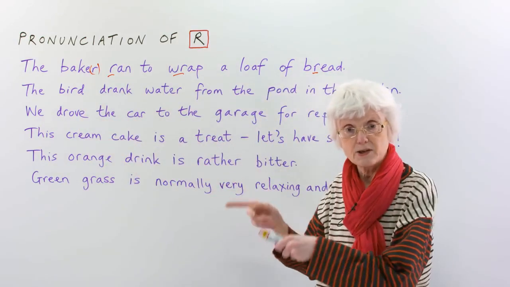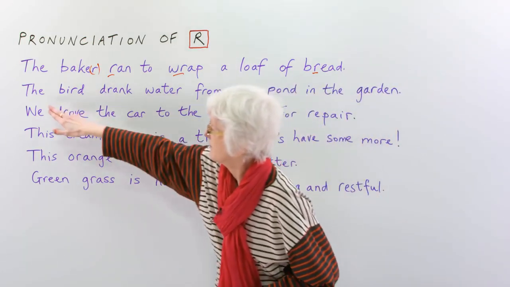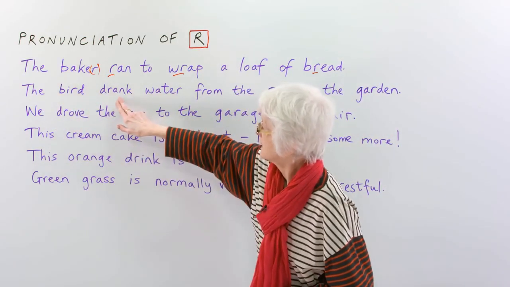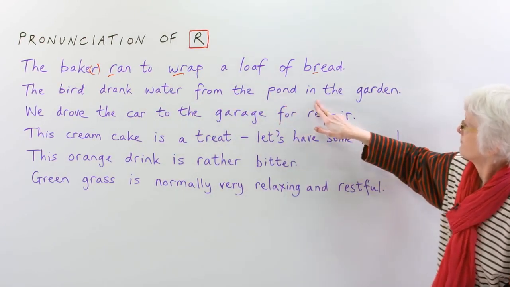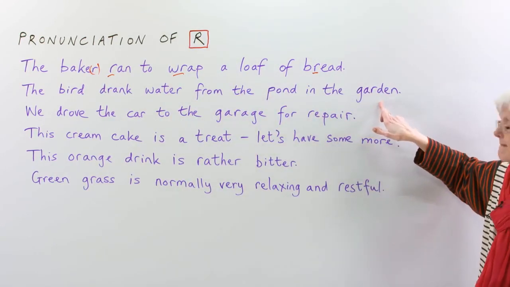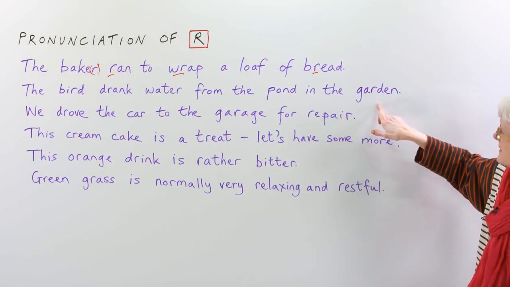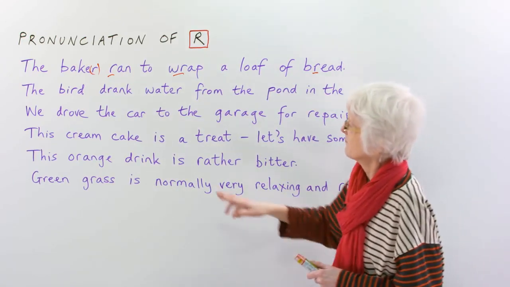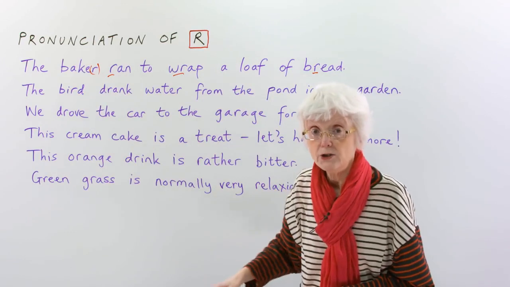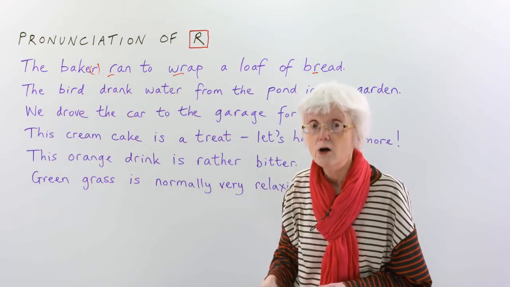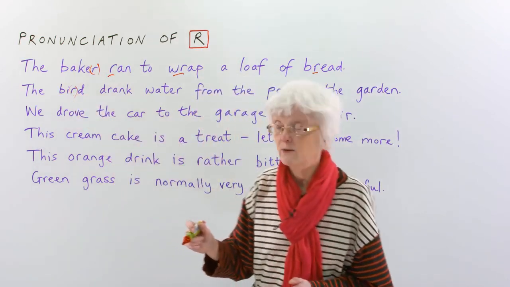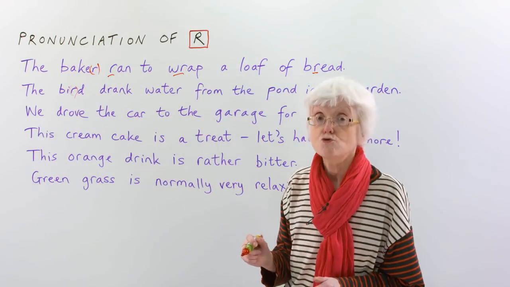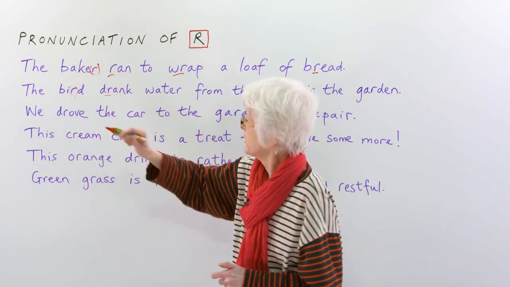So try to say this before I say it. Okay, so the bird, so no R there, that's a silent one. Drank, that one is pronounced.